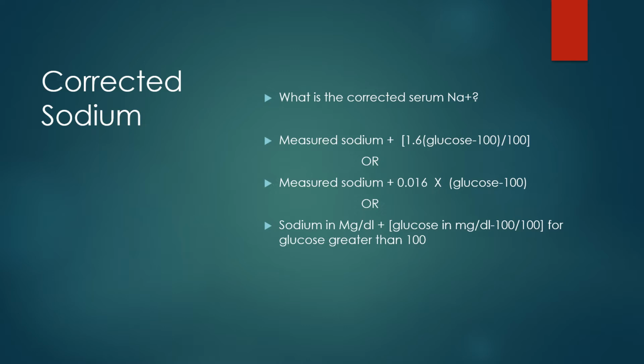You can pause and go through this. So if you go through a lot of literature, you're going to get different ways to calculate that. So I have brought out 3 here, so you can choose one.